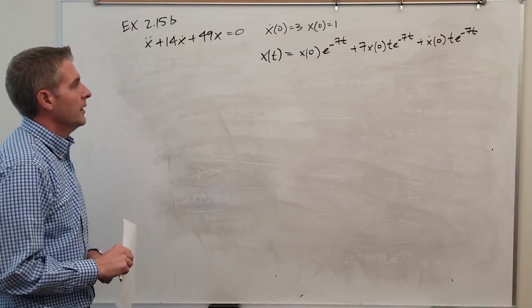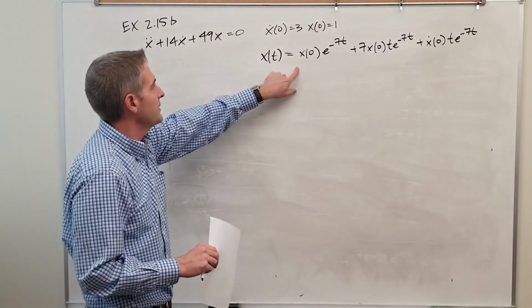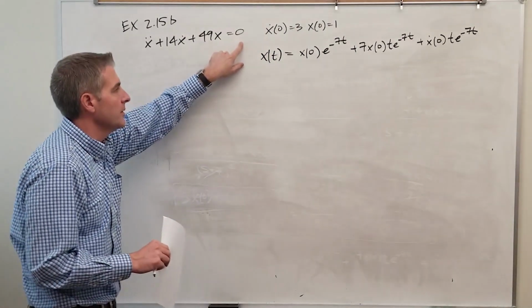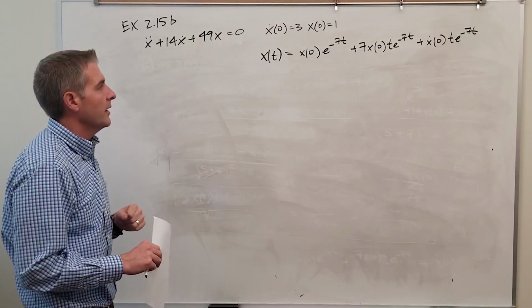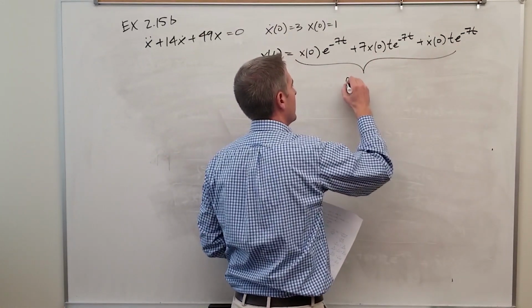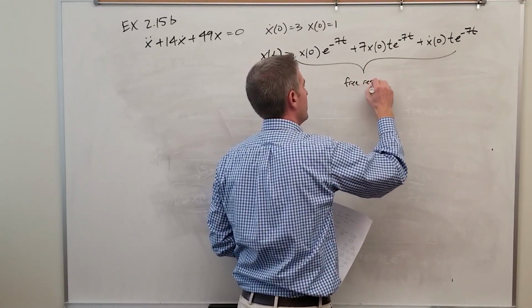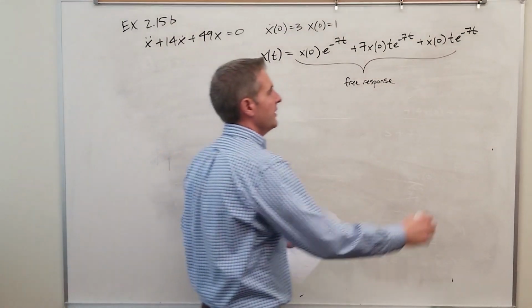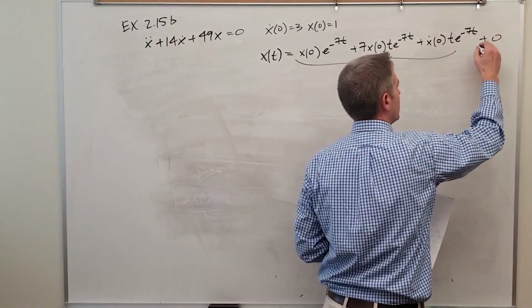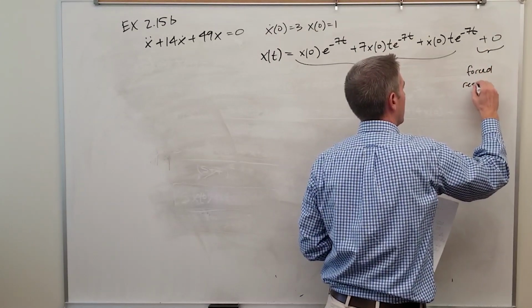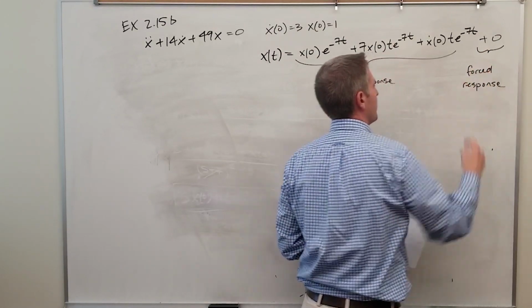All right. The first thing we should recognize is that because the input to this system is 0, we expect everything to be the free response. Which means this term, let's just call it 0, is the forced response.